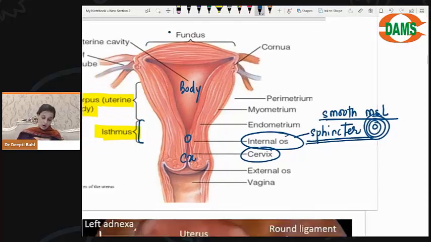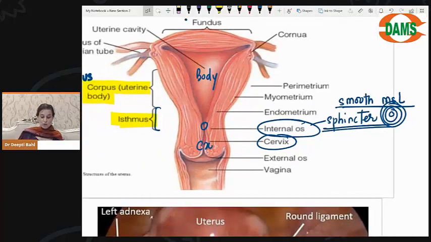Now, the cervix will open into the vagina, and the opening here is called the external os. This is also a sphincter, right? So the external opening to the vagina is the external os. The internal opening inside the uterus is the internal os.